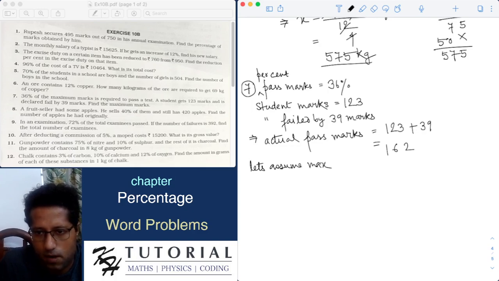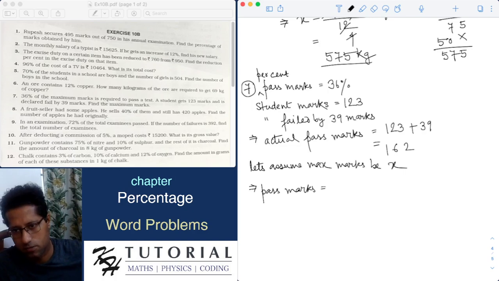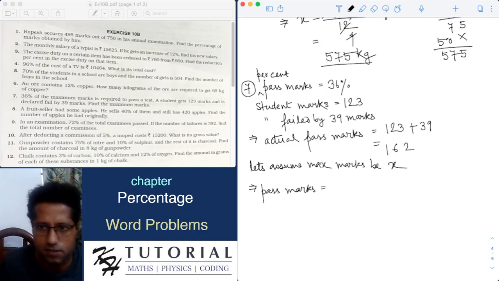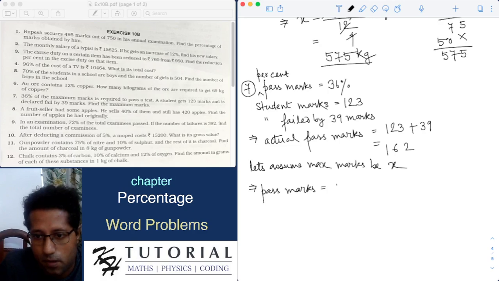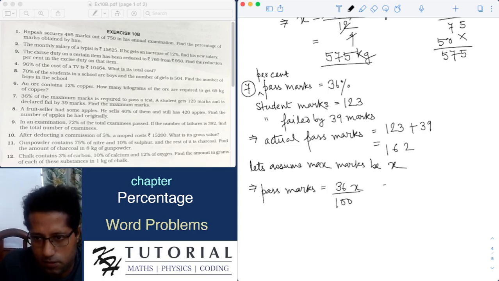Let's assume the max marks be x. This implies the pass marks should be, if we assume the maximum marks be x, and it is given that the pass marks is 36% of the maximum marks, then the pass marks will be 36 by 100 x, where x is the maximum marks. Now we have found out that the pass marks is actually 162.